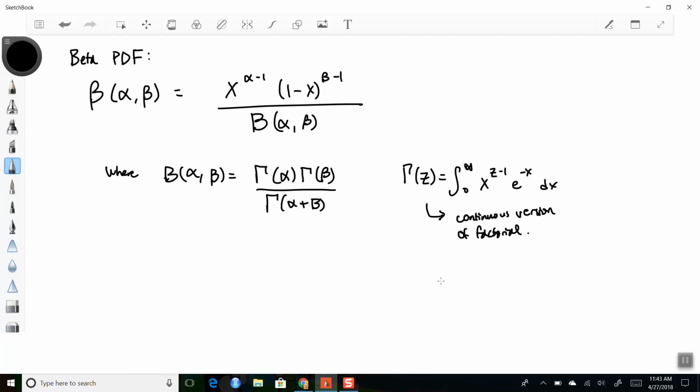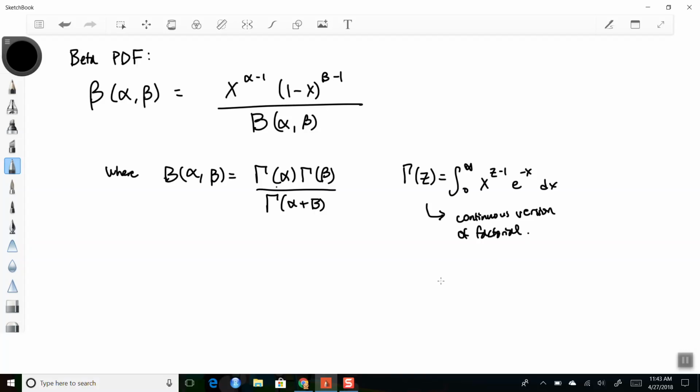But you could pretend like drawing a curved line to connect all of these, and then you would say, oh, well, 3.5 has to be somewhere between 24 and 120, and you get some number. And that's basically what the gamma function is, except we do z minus 1 rather than z. So it's just a continuous version of the factorial. It gets weird when it's negative, but don't worry about it.